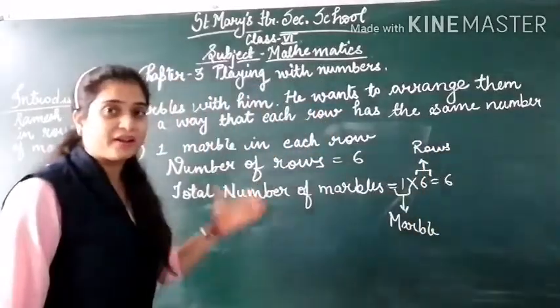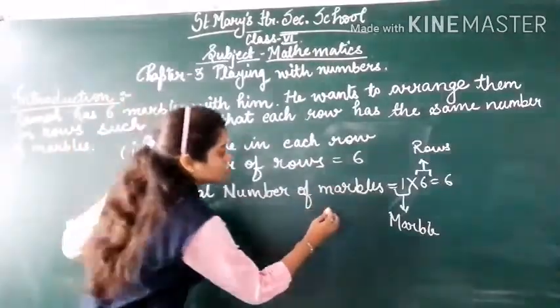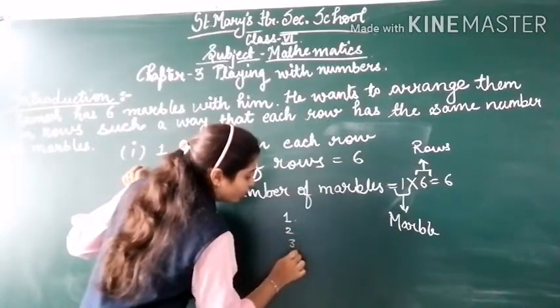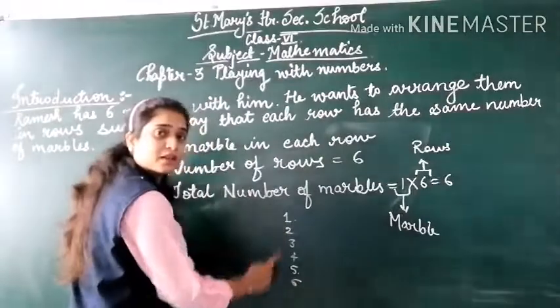Now let us see the pattern, the method he has taken. Suppose first row, second row, third row, fourth row, fifth row, and sixth row. These are the 6 rows.